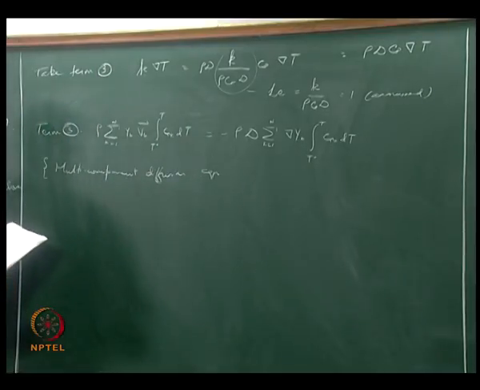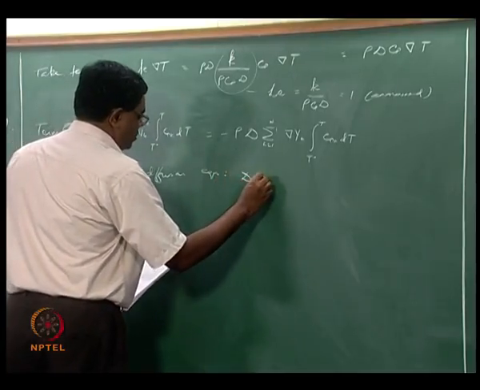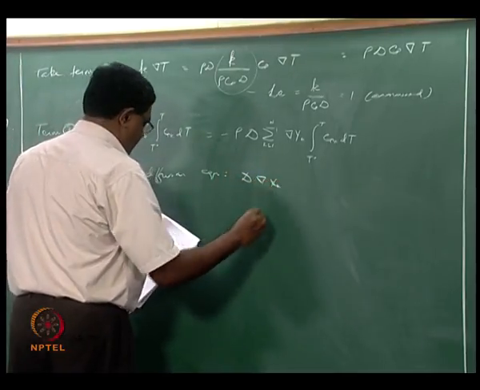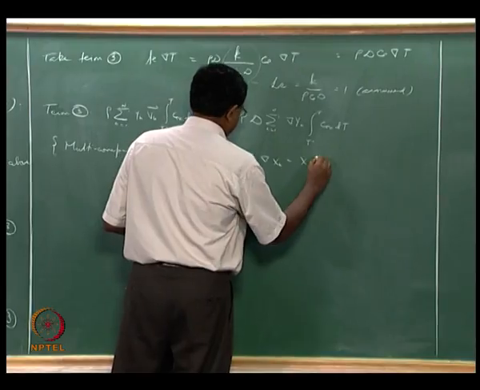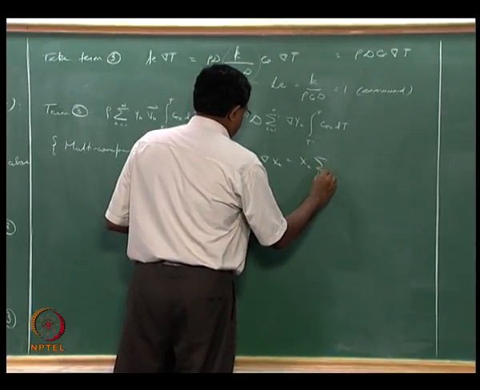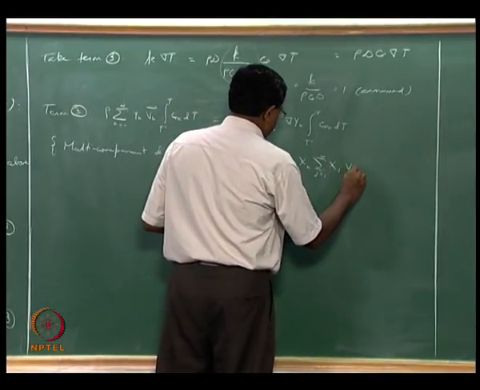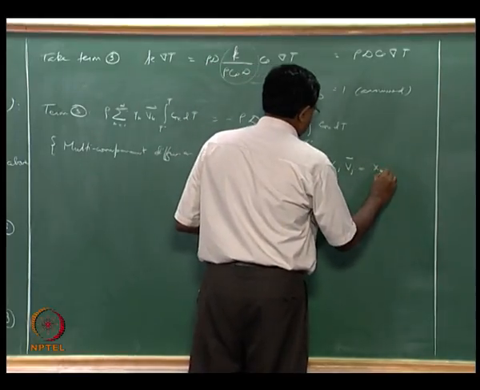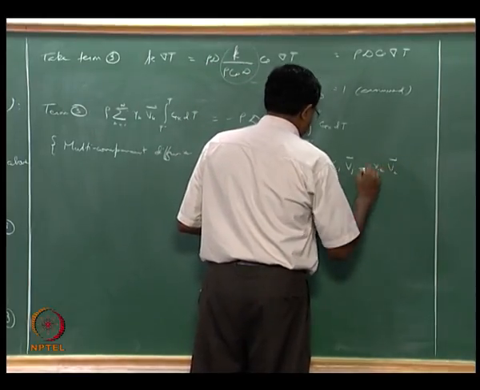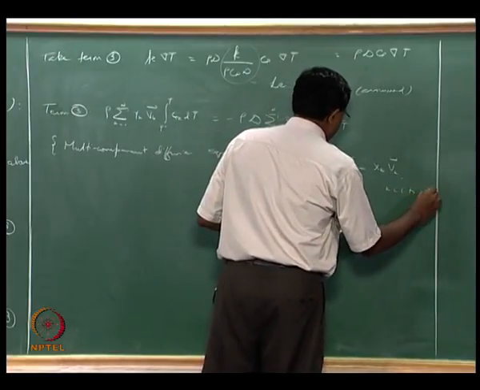Multi-component diffusion equation simply boils down to d gradient Xk equals Xk sigma j equals 1 to n Xj Vj vector minus Xk Vk vector, k equals 1 to n.